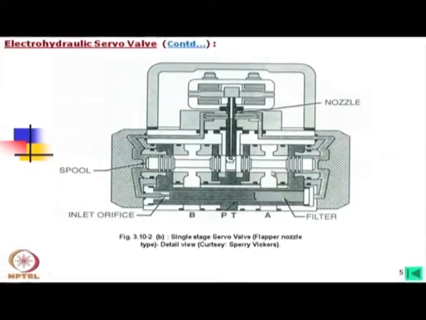In many cases you will find this much is required for the pilot stage, and then the flow going to A and B is connected to the two ends of another spool valve, which is the actual flow control valve. As you see, this is the spool, this is the valve body and this is the spring.